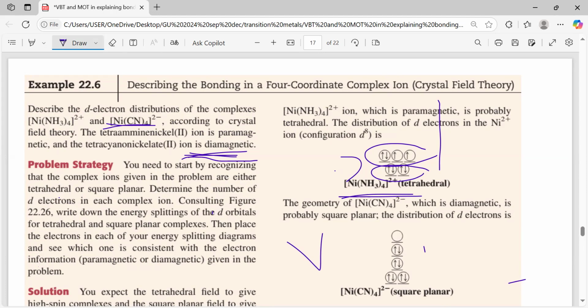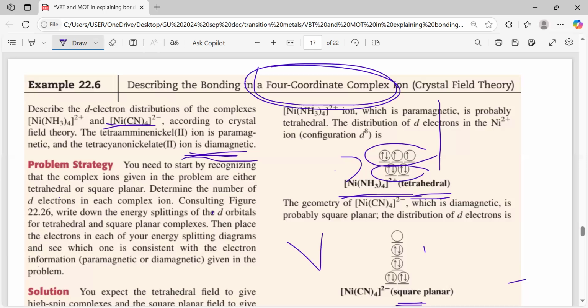Okay, so let us again do the same story. It is still a 4-coordinate complex, and we either expect tetrahedral splitting or square planar splitting. So again, I can start with square planar splitting.